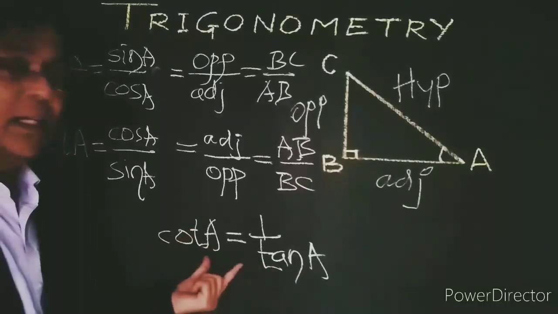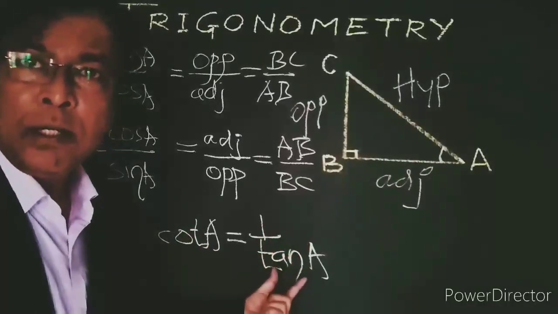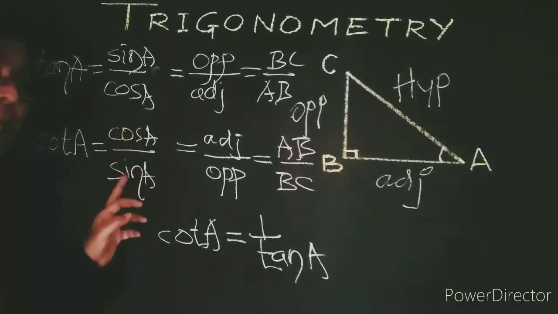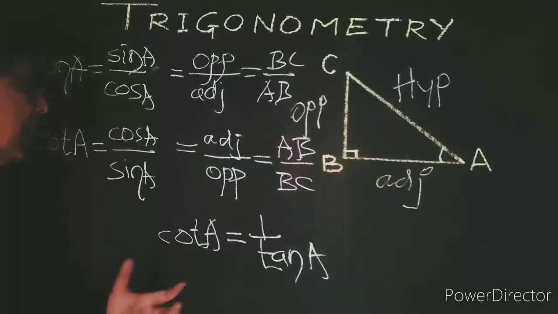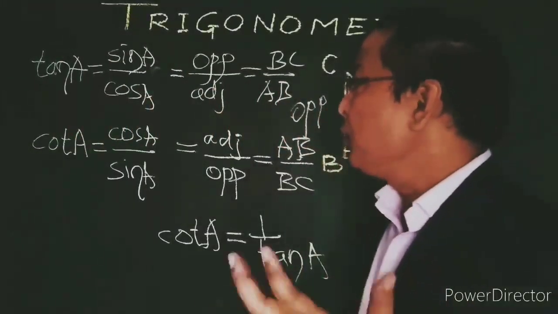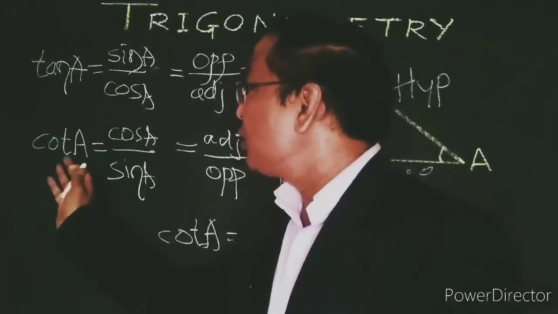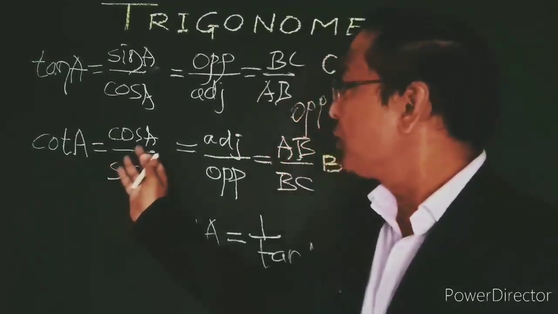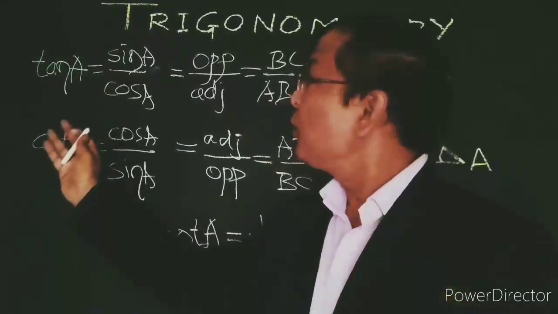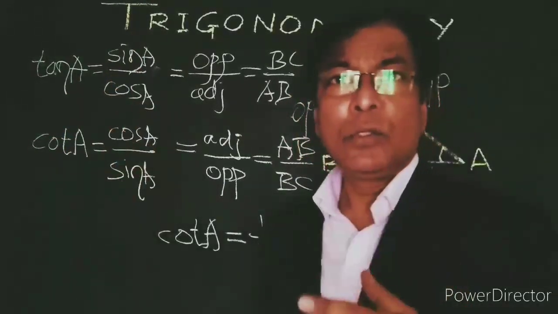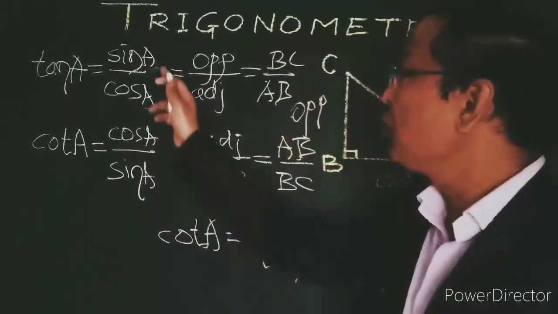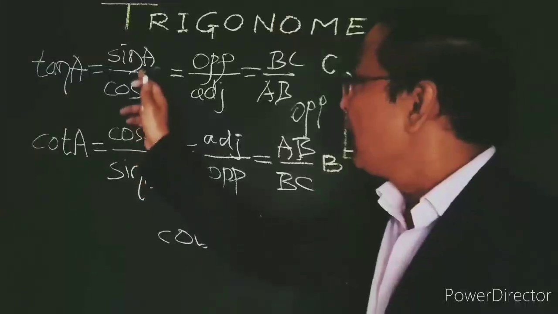Therefore, cot A is nothing but 1 upon tan A. Cot A is nothing but cos A upon sin A. We have to remember this, because while solving numericals we have to substitute in many cases. Instead of cot A, we substitute cos A upon sin A. Instead of tan A, we substitute sin A upon cos A. Such conversions are very important. Therefore, we have to remember all these ratios.